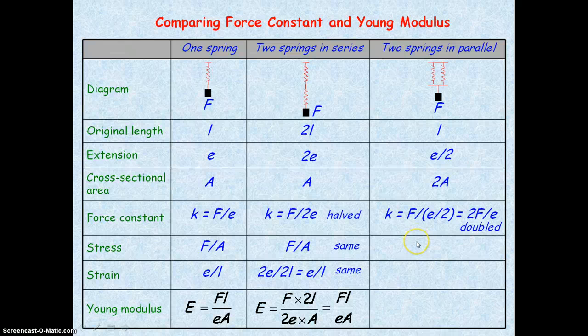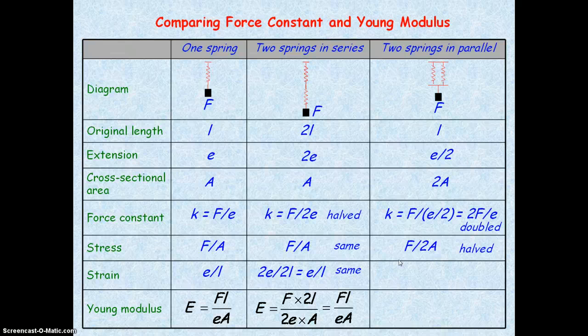Now considering the stress, which is our force divided by our area, that's force divided by 2A. Comparing that with the original of our single spring, you can see that now our stress has halved.